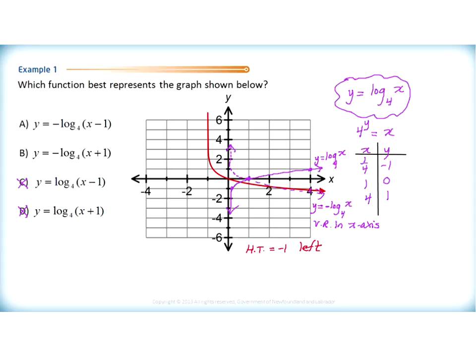So that means then that the resulting equation will be y equals a negative in front of the log of x minus a negative 1 to base 4. Sorry, I meant 1 there. It's 1 unit to the left. So it's x minus a negative 1. So that equation then corresponds with B as your multiple choice answer.